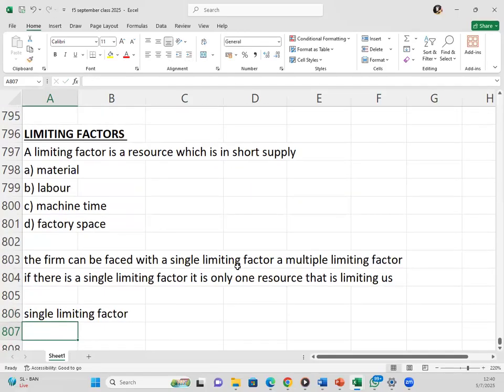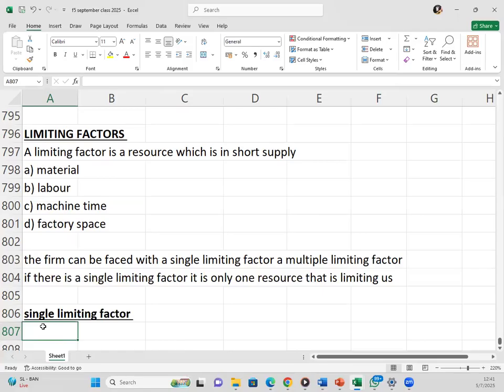If it's a single limiting factor, let's think of material. If material is a limiting factor, we need to produce first the products that are giving us the highest benefit from that limiting factor.